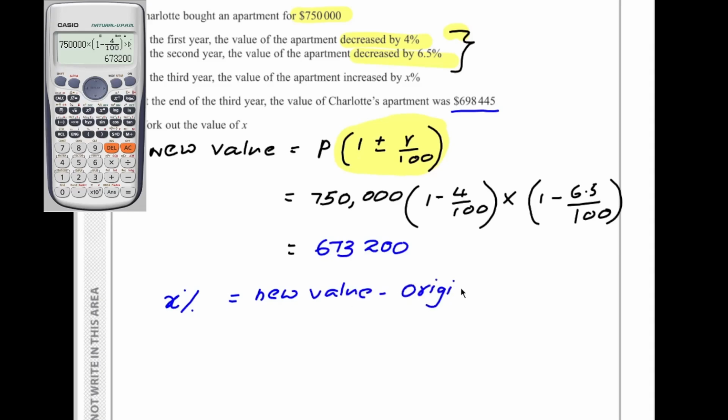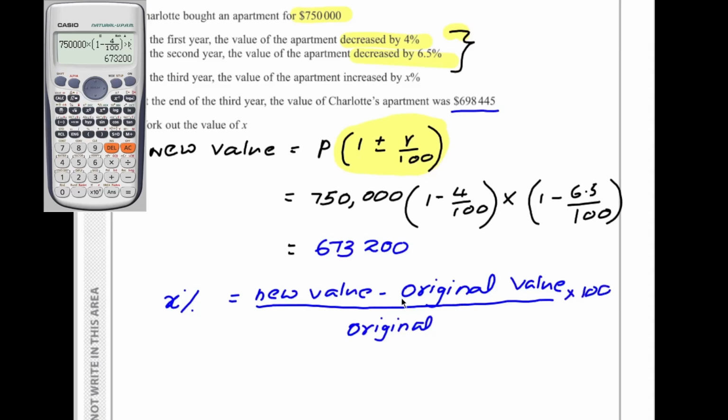Original means, in this case, this is the third year, so for the third year the original becomes this amount. Original value over original amount into 100. So always, when getting the percentage, we need to get the difference.